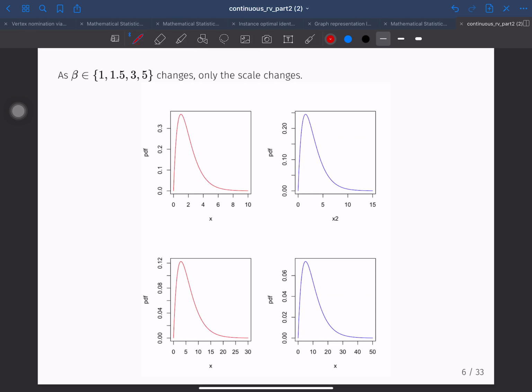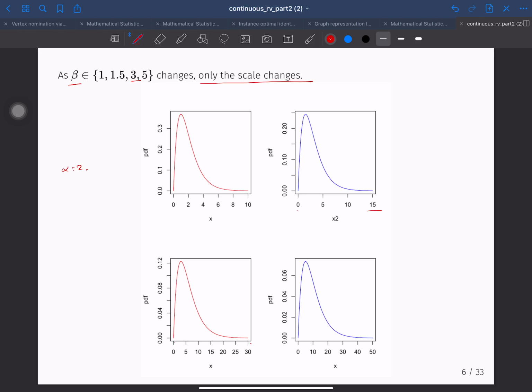Similarly, the beta parameter only changes the scale. Here I have alpha equal to 2, and when beta equals 1, I see this shape. When beta equals 1.5, I see the same shape. Now x goes from 0 to 10, and x goes from 0 to 15, so I changed the scale. When beta equals 3, x goes from 0 to 30, so I change the scale again, but I still have the same shape.